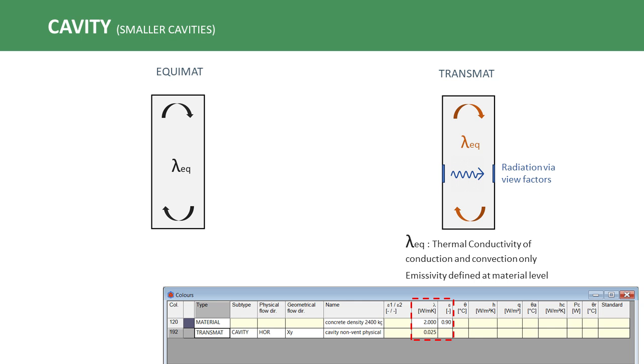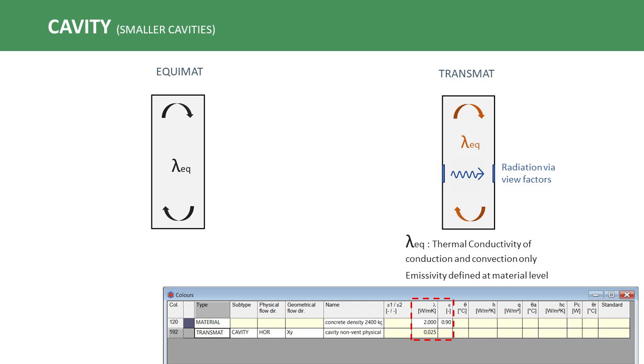Whereas Transmat is a detailed approach, where we calculate detailed infrared radiation. This approach is called the radiosity method, where we consider the real geometry and surface emissivities, which are defined now at the material level.